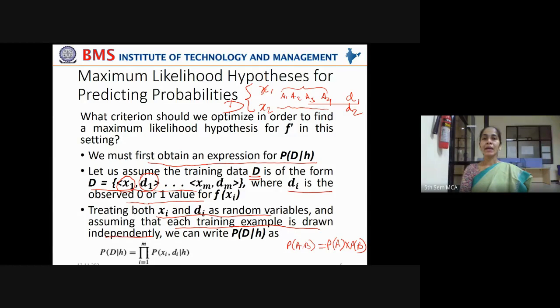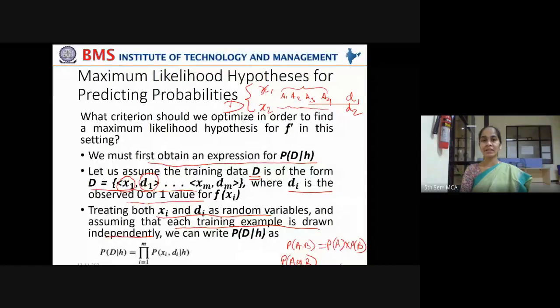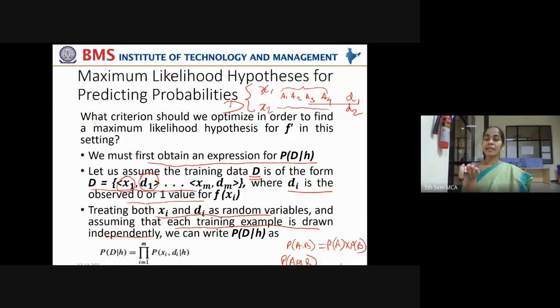If A and B are independent events, then probability of A and B is equal to the product of probability A and probability B. Now, if you have mutually exclusive events A or B, mutually exclusive means, as I said already, if I toss a coin, then the appearance of head on top excludes the appearance of tail on top.